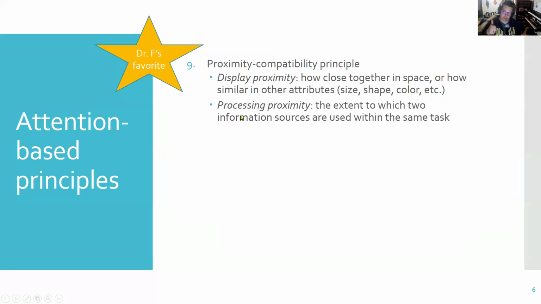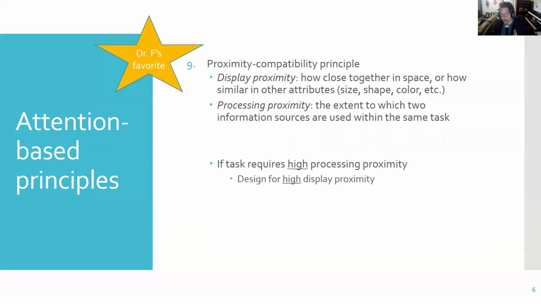And then we have the processing proximity, which is, for these two displays, how often, for the tasks I'm trying to do, do I need to process the two of them together? How often are they used in similar cognitive tasks? All right, so once we understand that, if we've got two display elements, we can define their display proximity, we can define their processing proximity.